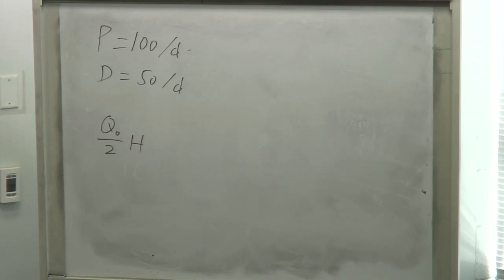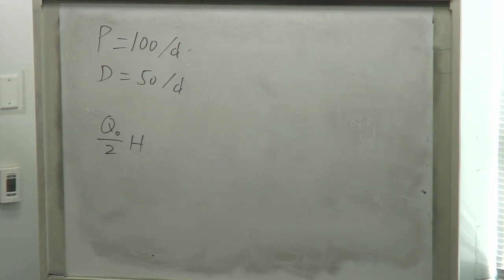But for EPQ, the production quantity Q can't determine our inventory level. It's different: the dashed line and the solid line, right? Then we have to calculate the maximum inventory level divided by 2, which is the average inventory level. So how do you calculate Imax is our question.